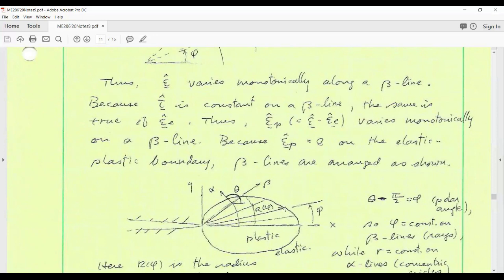And as phi changes, you're on different beta lines. The radius at which the plastic strain becomes 0 can then vary with phi. So you have a plastic zone that, at least qualitatively, looks like this.